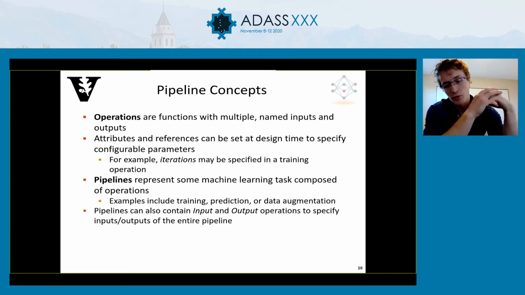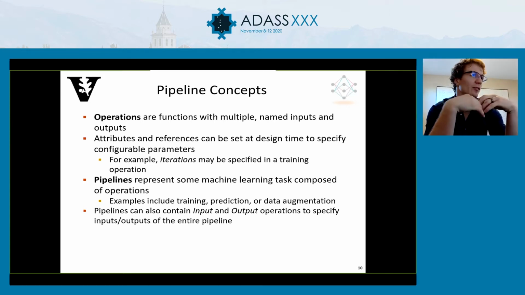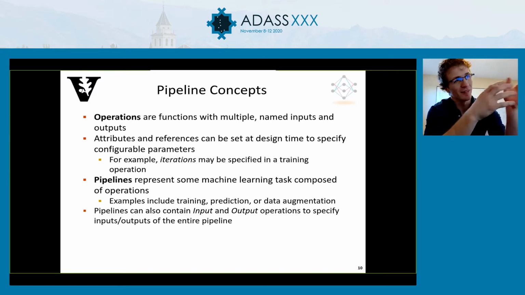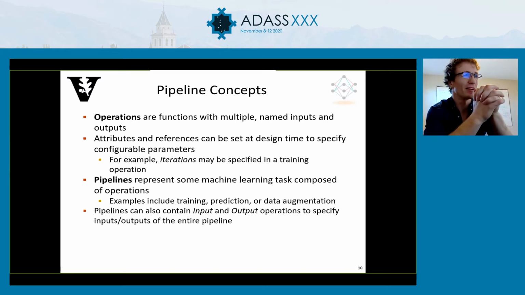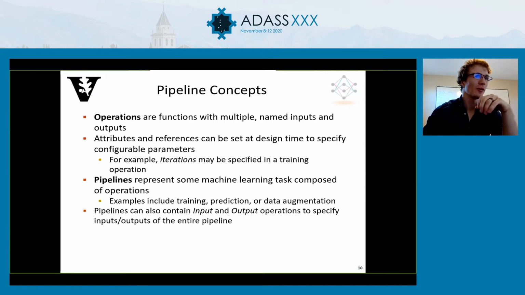For example, that train validate step might have iterations or epochs as an attribute that's set when you're designing the pipeline, so it's known prior to execution. Pipelines represent, in our case, machine learning tasks composed of operations, though as you can probably tell from these definitions, it's not necessarily constrained to just machine learning tasks, but that's the overarching goal in this context. Certainly this is a more generic concept.